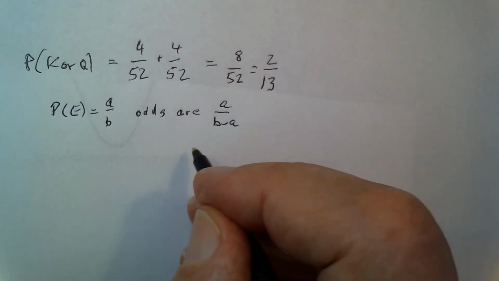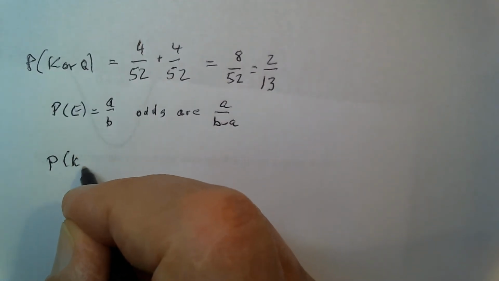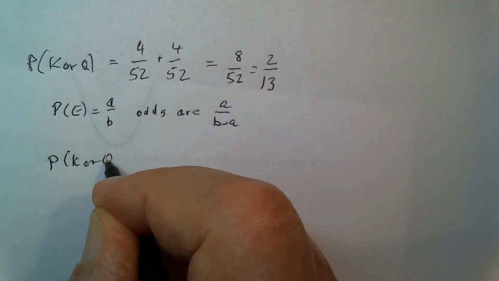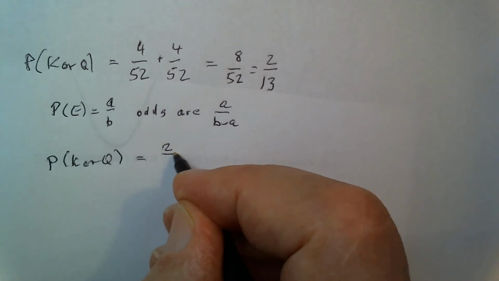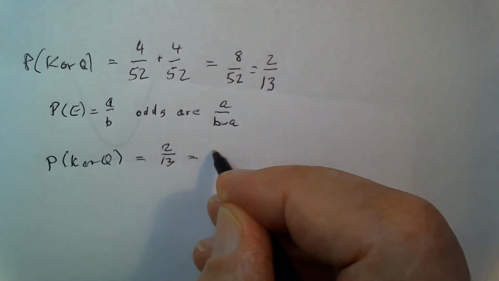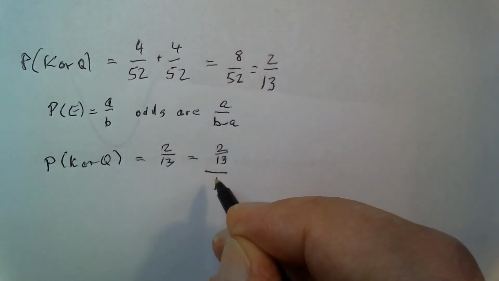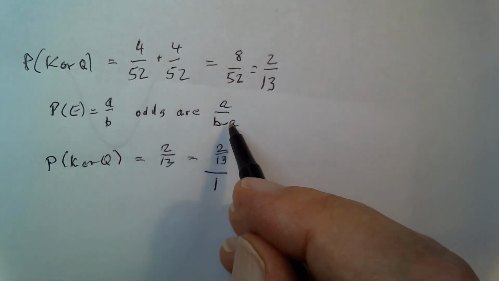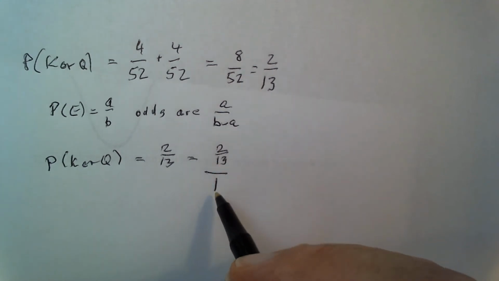Our probability of a king or a queen is equal to 2 divided by 13. That's the same as 2 divided by 13 divided by 1. So our A corresponds to 2 divided by 13, and our B corresponds to 1.